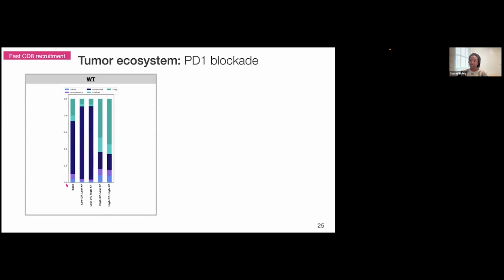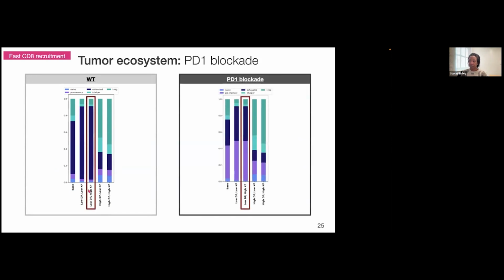This is just a fraction from 0 to 1 of each of these different types of T cells. Focusing on this case where we have a low death probability and a high killing probability, we have a large fraction of T cells in that exhausted state.